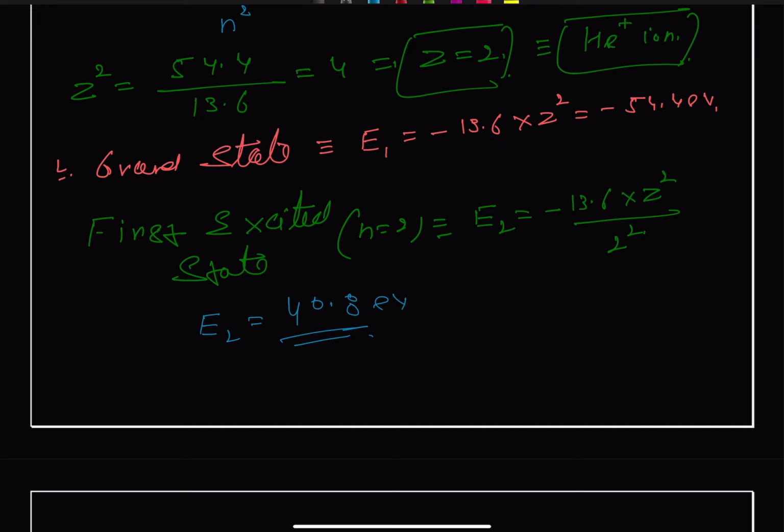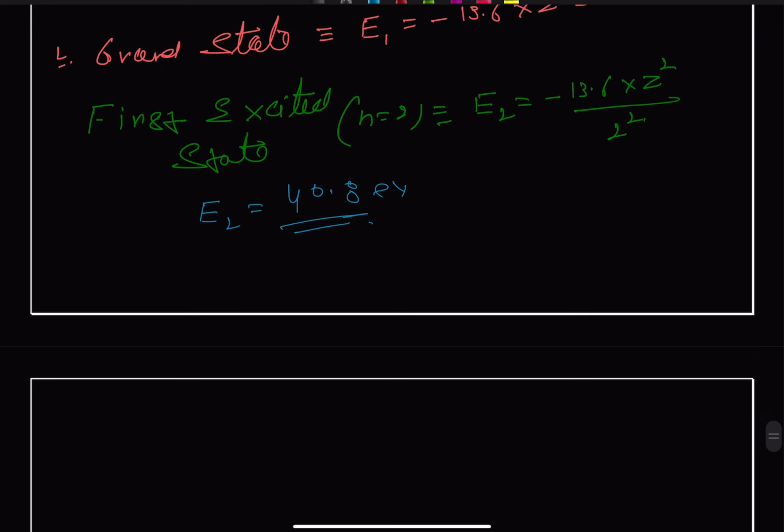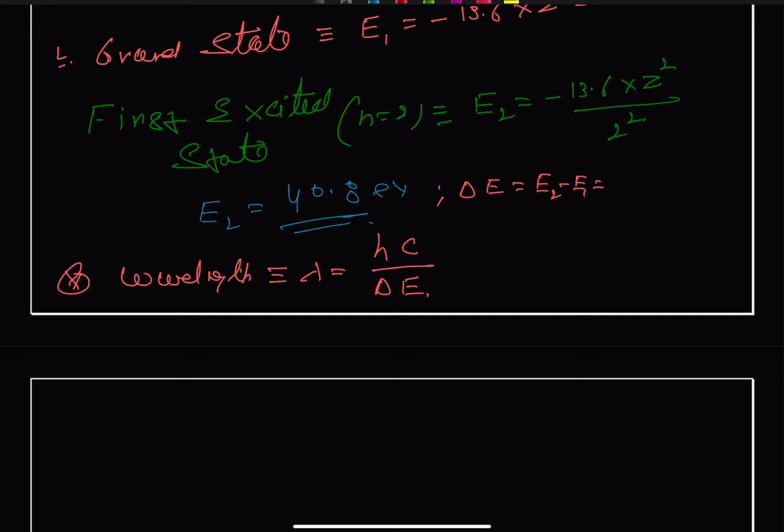And now we can easily find out our wavelength. Lambda is equal to hc upon delta E, where delta E is the difference between E2 and E1.